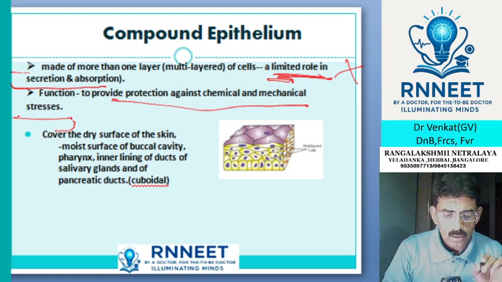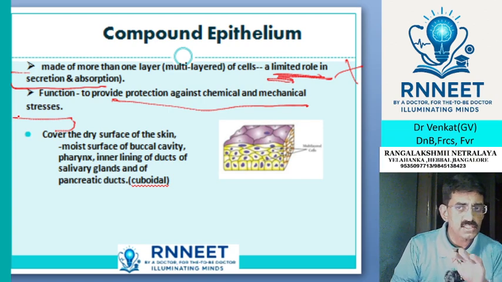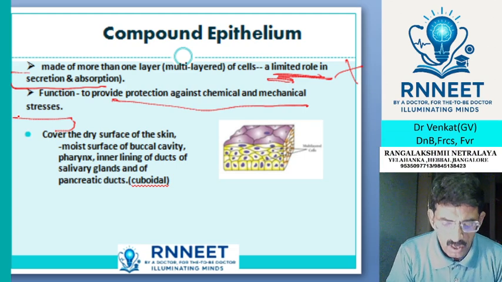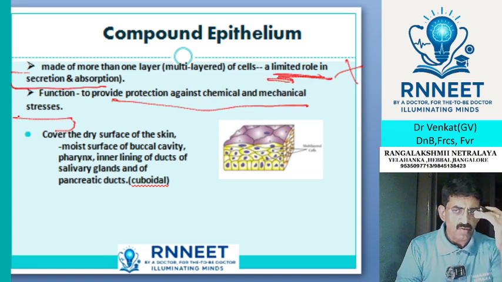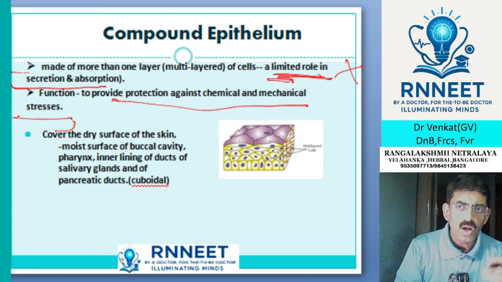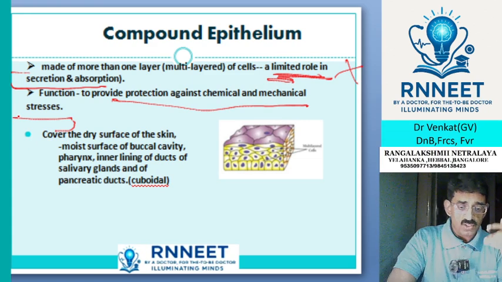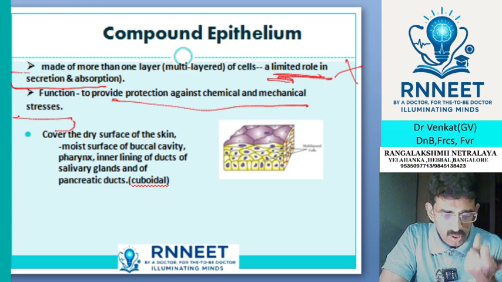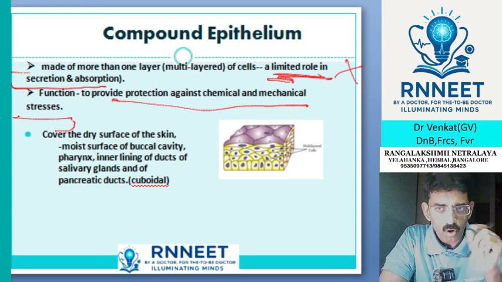Okay, and what is another major part of it? An example you can see is the skin. Okay, covering the external surface, the dry surface of the skin, because again there are multiple layers: epidermis, dermis, you have different types of layers, cuticle, basement membrane. Similarly, the moist surface of the buccal cavity or your mouth cavity, the upper portion of the pharynx, the inner lining of the ducts of the salivary glands.